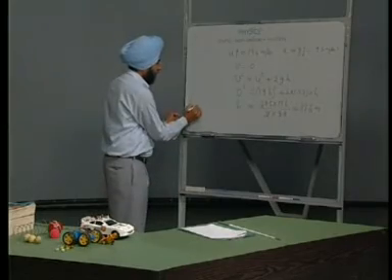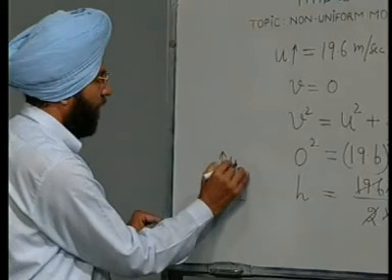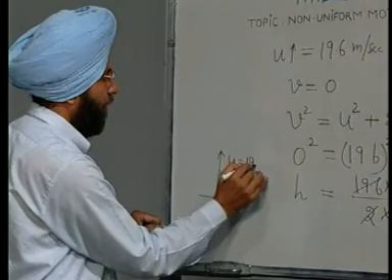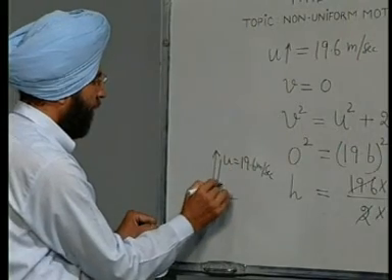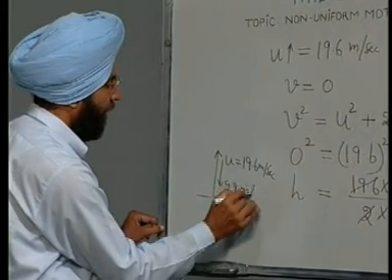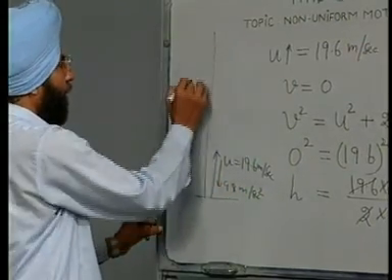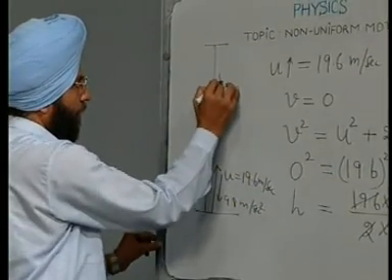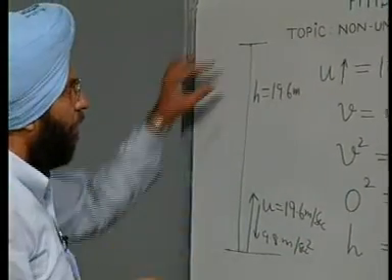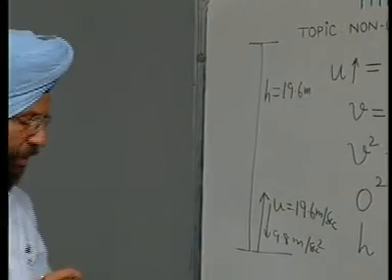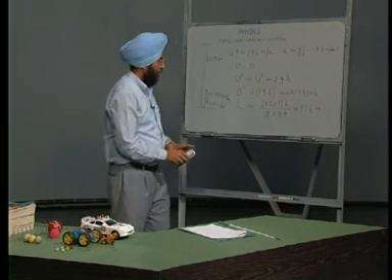So, if the body is thrown upwards with an initial velocity of 19.6 meter per second, and the acceleration is 9.8 meter per second square downwards, the body will reach a height h equal to 19.6 meter, where it will stop for a moment and will start its downward journey. This was the third equation of motion.